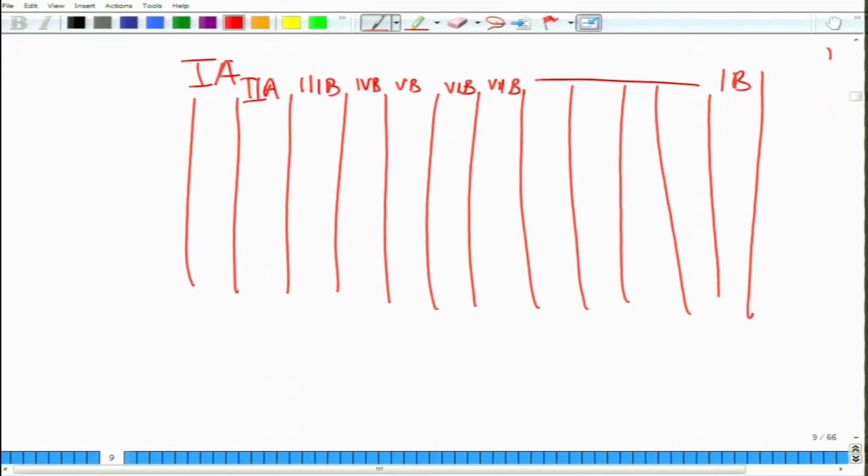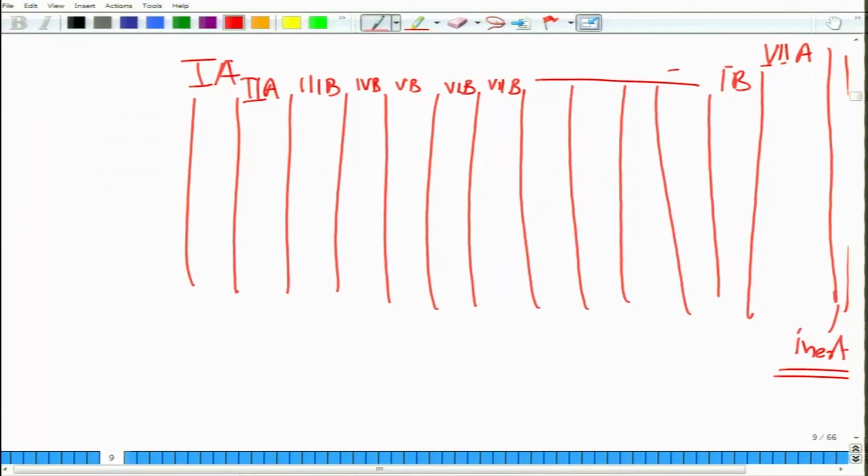So, on the extreme right what you have is the inert, right. On the extreme you have inert, which is called as 0, and all the way to here we go to 7A. 7A is nothing but the halides just before the inert.